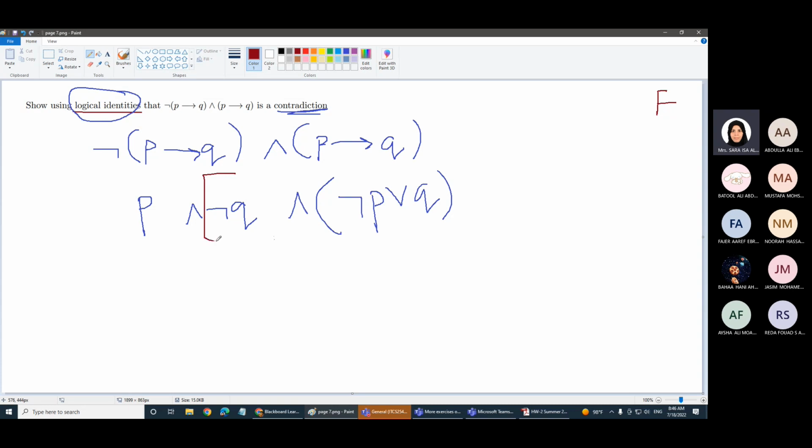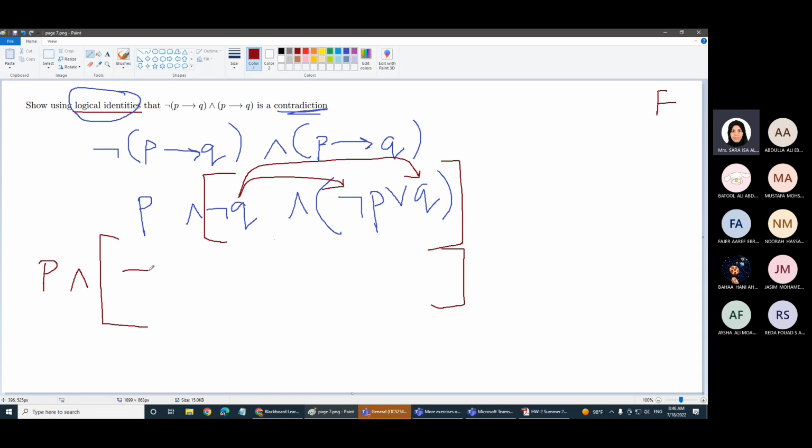So what I will do, I will take these two together. I will use a distribution law. So P will be as it is here, P and the whole parenthesis here.